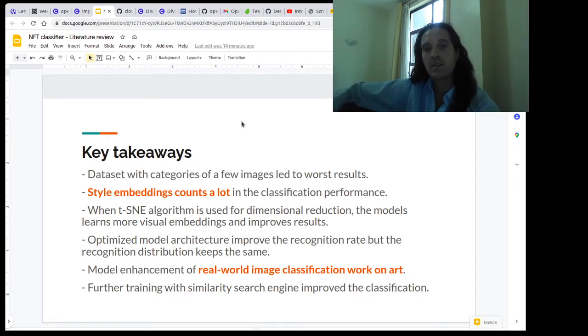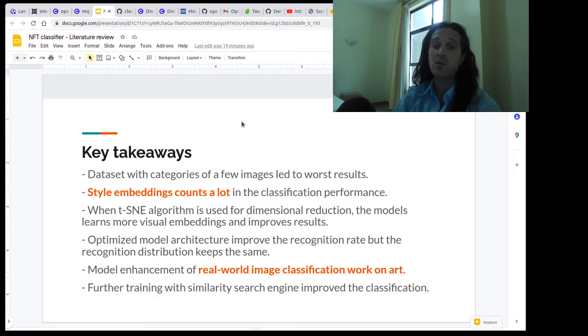The style embeddings count a lot in the classification performance, maybe more than artist or genre, probably because style is the most important in terms of influence for detecting which painting is what. When the t-SNE algorithm is used for dimensional reduction, the models learn more visual embeddings and improve results.